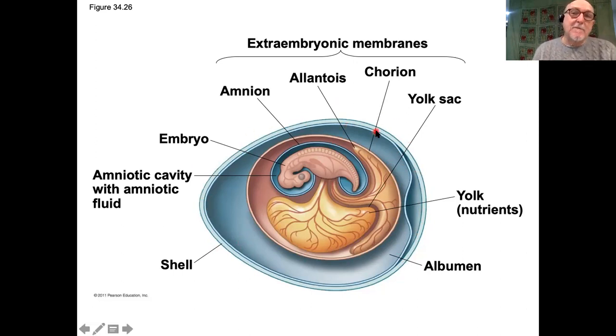But the function of these membranes is to allow the passage of gases in and out without having the egg dehydrate. So the shell or the membranes around the outside limit the amount of water that evaporates. And that advance alone freed the amniotes from dependence on water for reproduction.